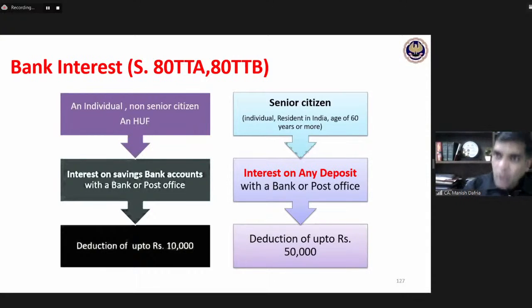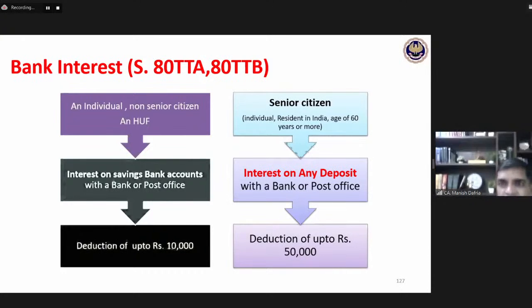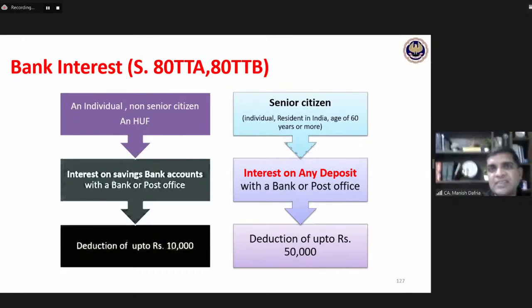NBFCs are not banks. So interest from an NBFC, neither 80TTA nor 80TTB, nothing is available. It has to be bank or post office. Every interest is not covered. So NBFC interest is not covered. Any personal loan kind of interest is not covered. Only bank or post office interest is covered in 80TTA and 80TTB.